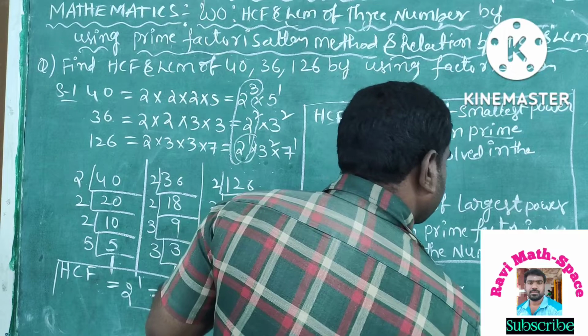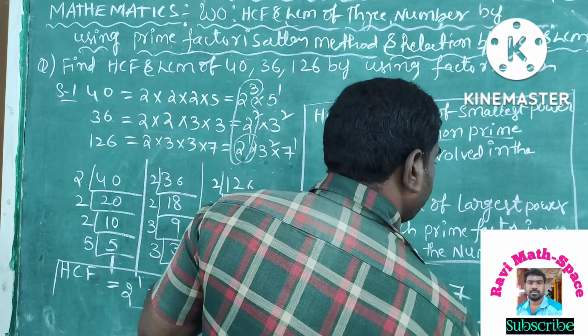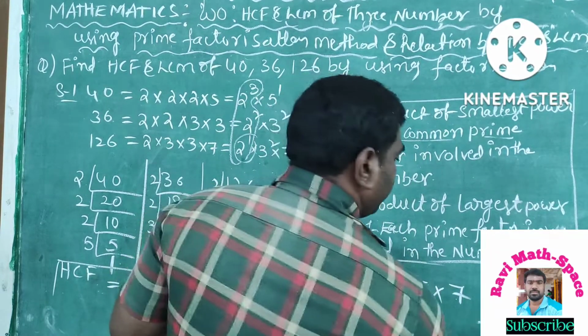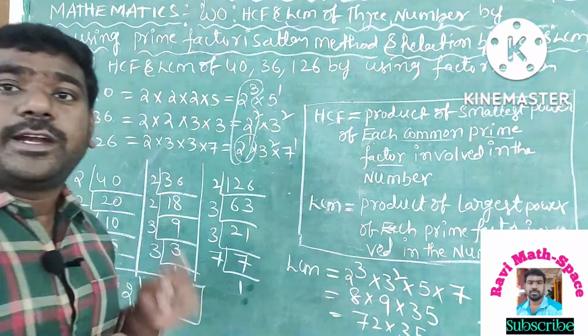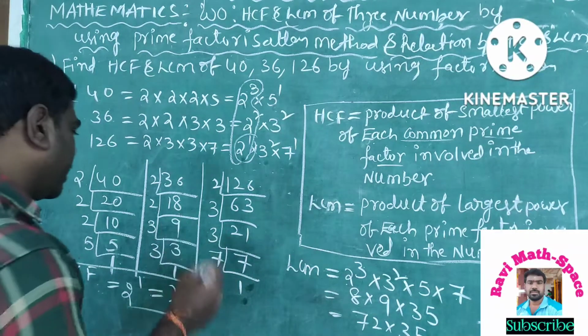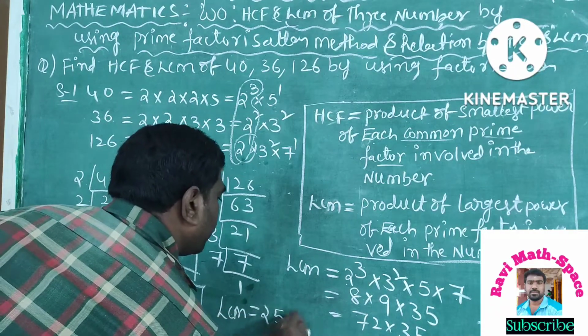Now 3 2s are 6, 7 3s are 21. So 0 here, 12 here, 5, 2, 5. Total we got 2520. Therefore, LCM is equal to 2520.